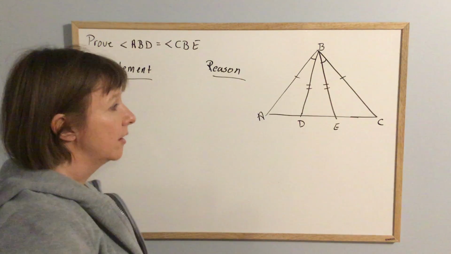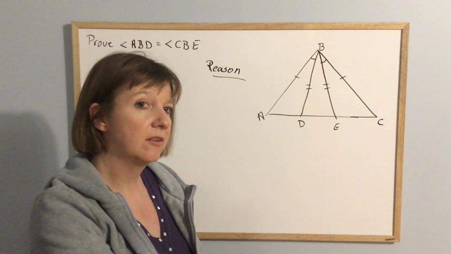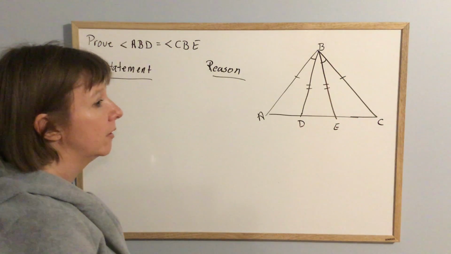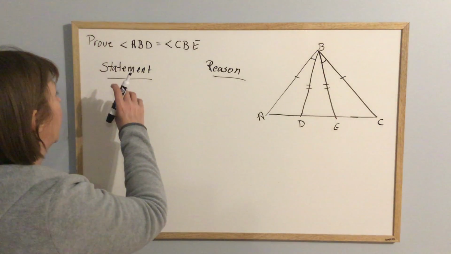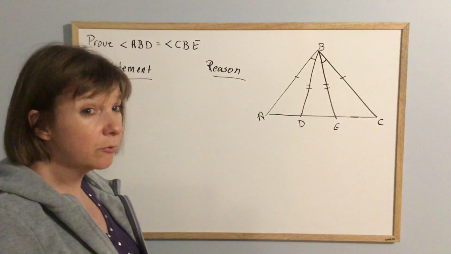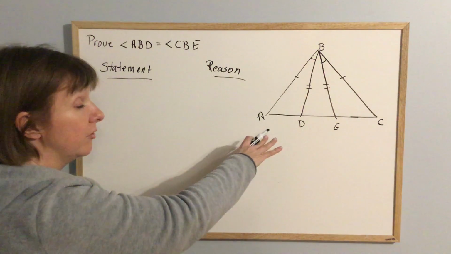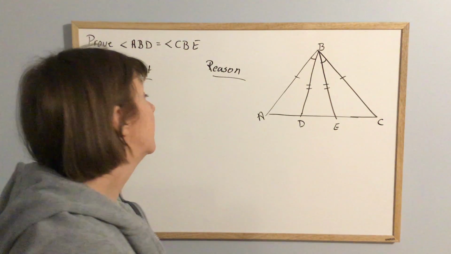So we're going to make a statement, and then we're going to give a reason why we can say that statement. And again, what will happen on a test or an assignment is I might fill in a statement and you have to give what the reason for that statement would be, or I might give a reason, and based on what that reason is, you have to say what the statement is. It'll be fill in the blank.